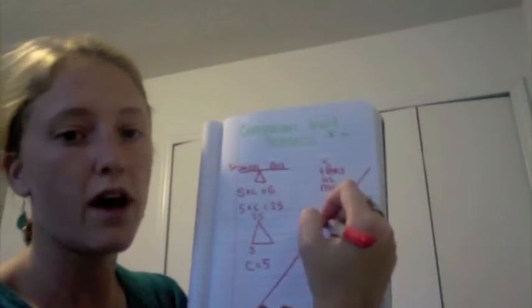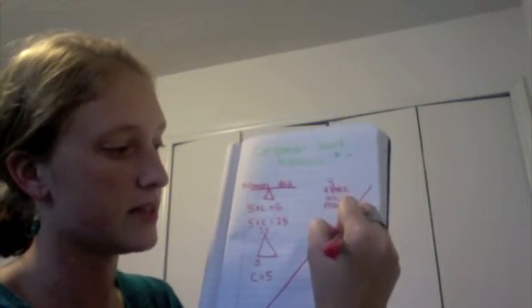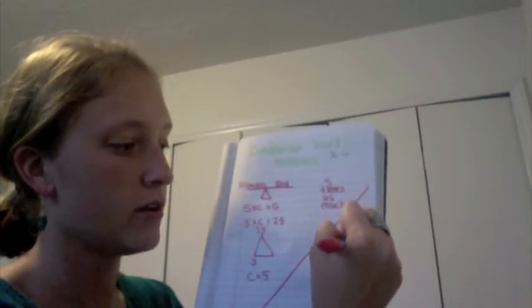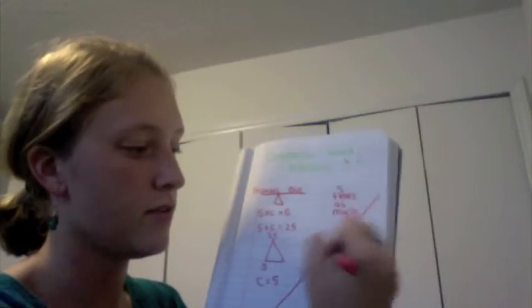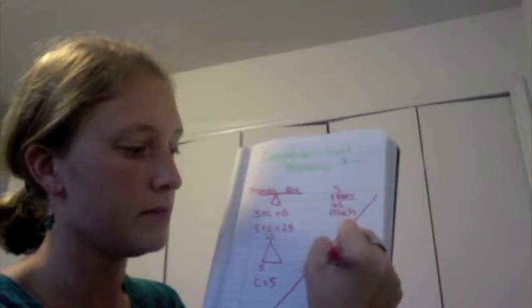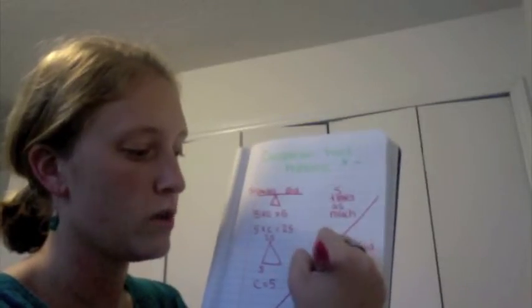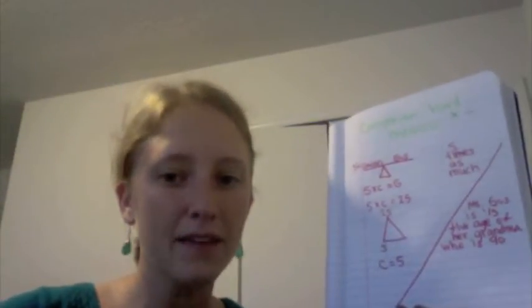What happens if it says Miss Gus is 1, I want to write this one down. Miss Gus is 1/3 the age of her grandmother, grandma, who is 90.